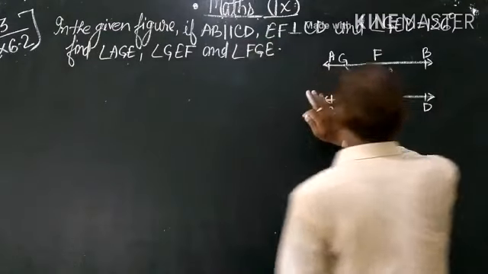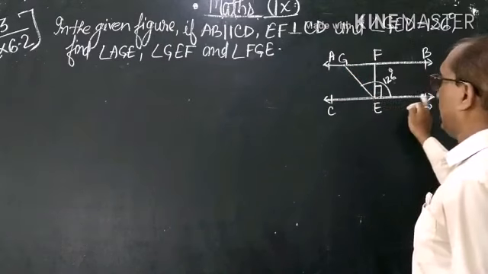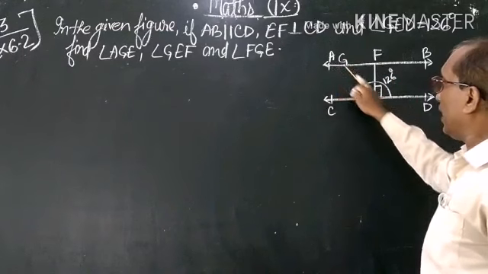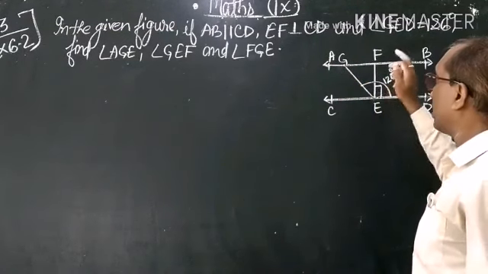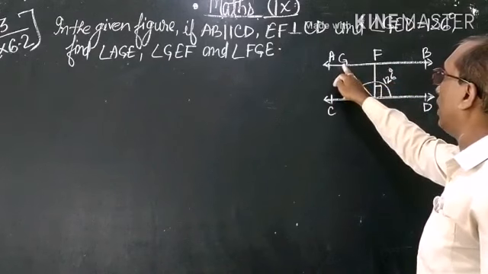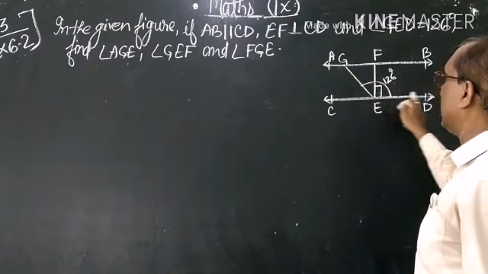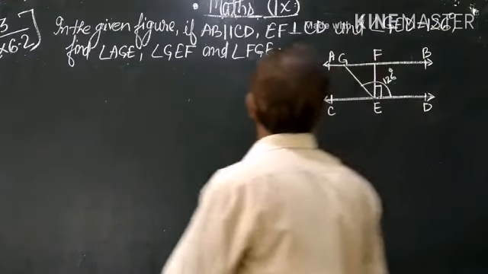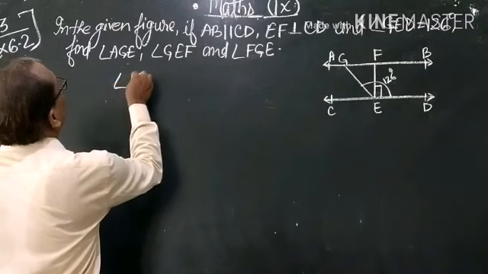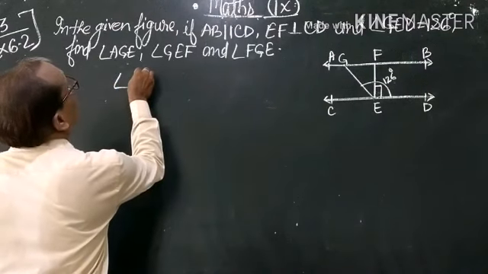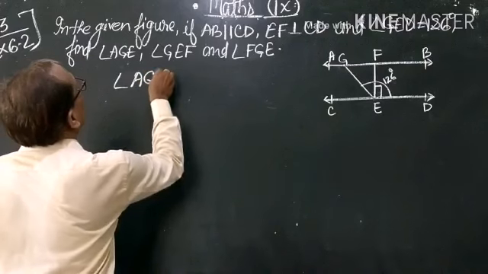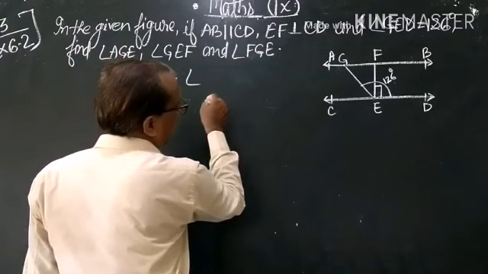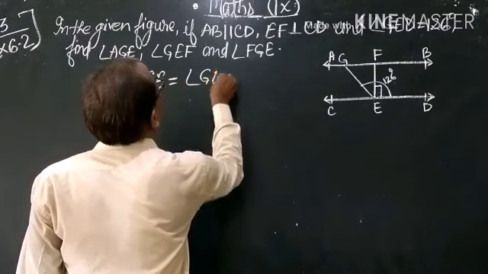Angle AGE is equal to angle GED because angle AGE is the alternate interior angle of angle GED. You write down here angle AGE is equal to angle GED.